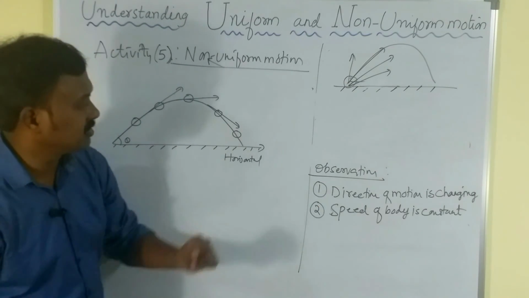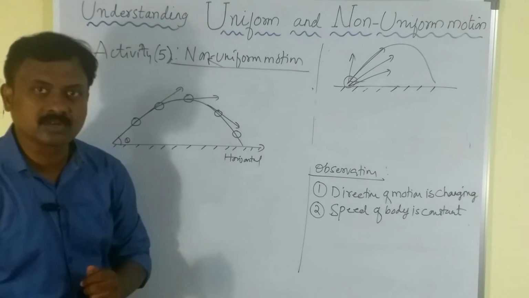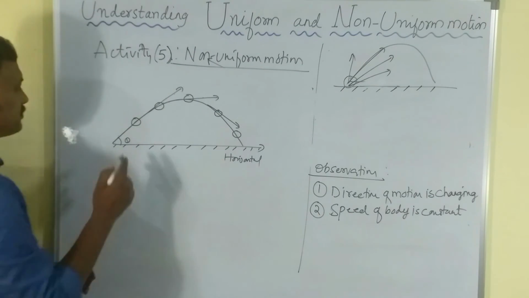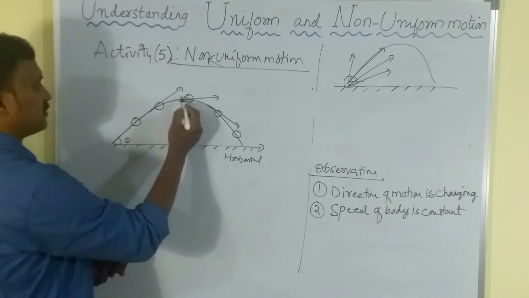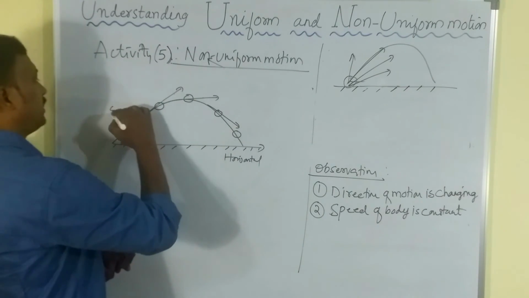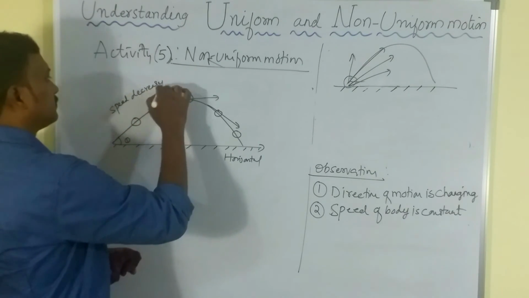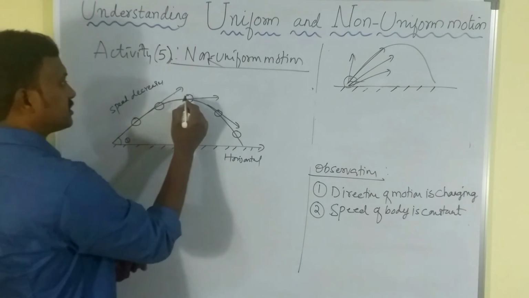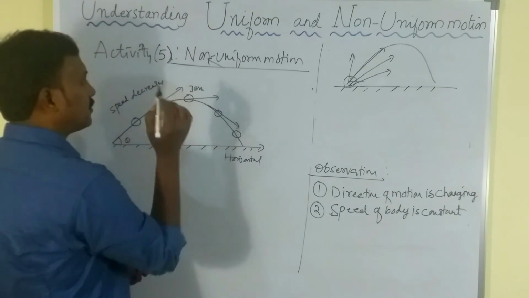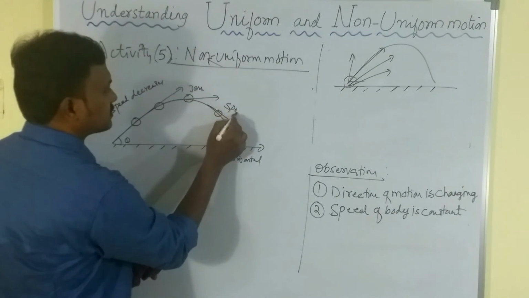And what about the speed of the body? Previously the speed of the body was constant, but coming to here, as the ball is thrown upwards, the speed decreases. The speed of the ball becomes 0, and again the speed will increase.